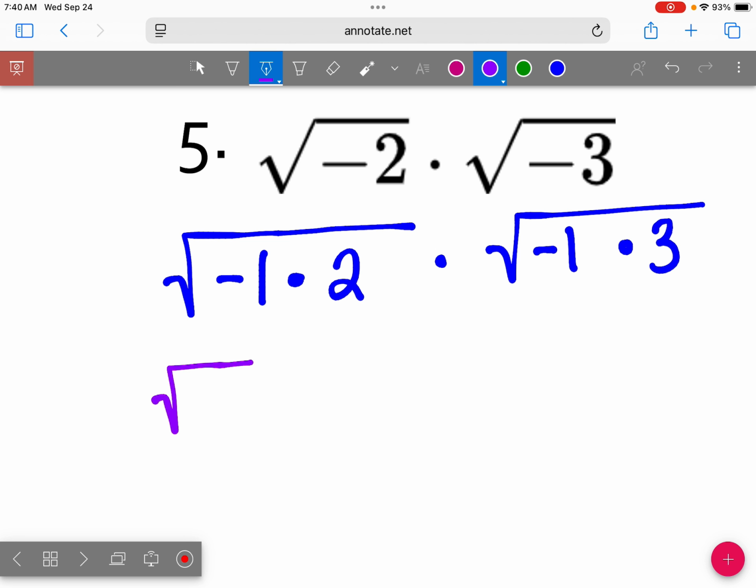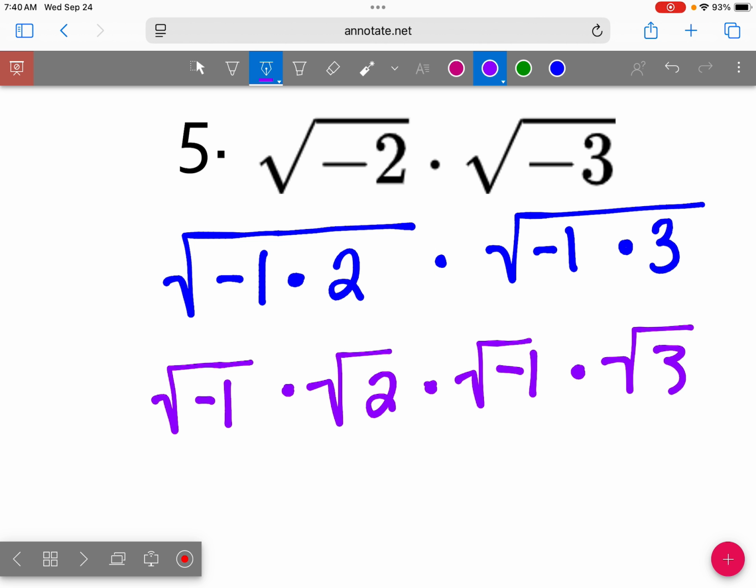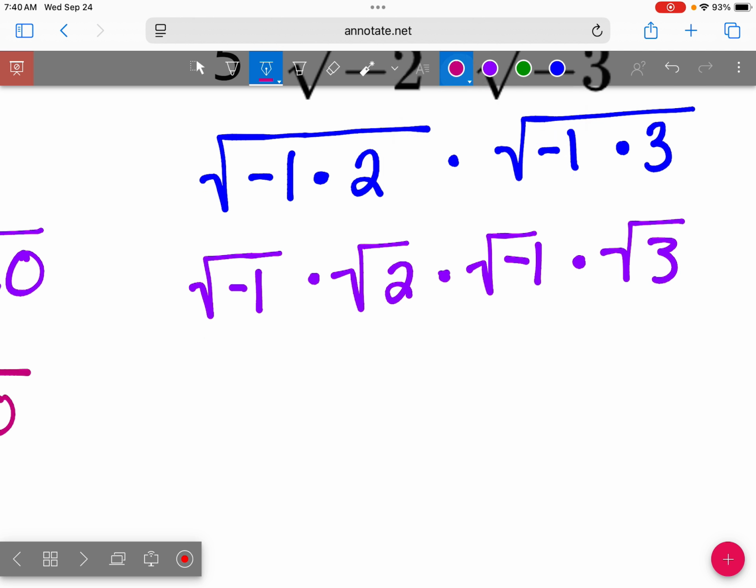So I'm again going to break everybody apart: my square root of negative 1 and my square root of 2, and my square root of negative 1 and my square root of 3. All those pieces are still there. The reason we need to do this is because I have here an i, and I have here an i. So I have two i's being multiplied together.